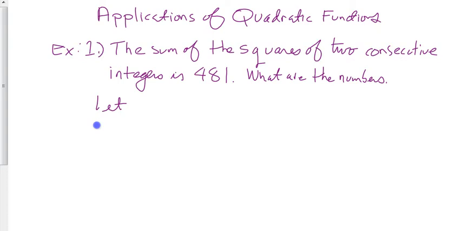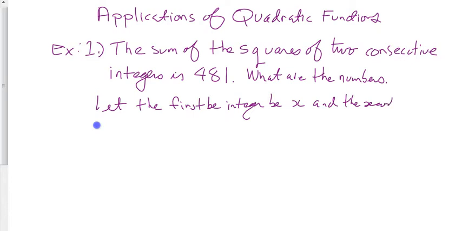Let the integers be, well, how about this? Let the first integer be x, and the second one x plus 1, which you'll note I'm going to put in parentheses, because what are we now going to do with x and x plus 1?